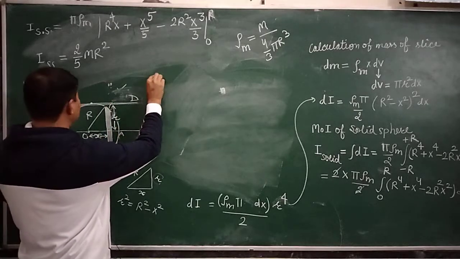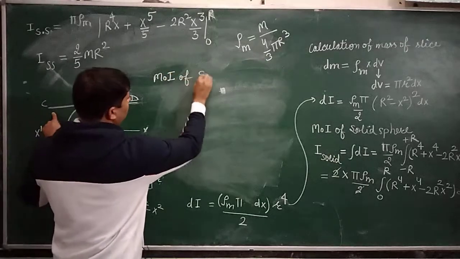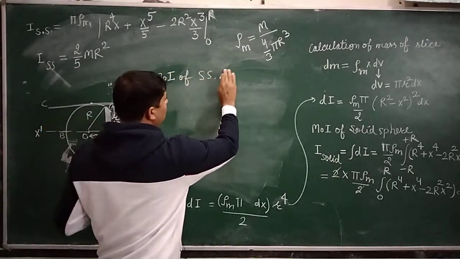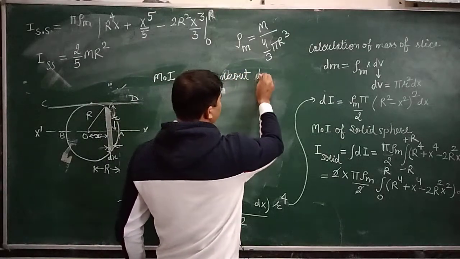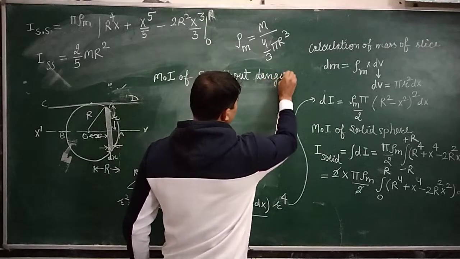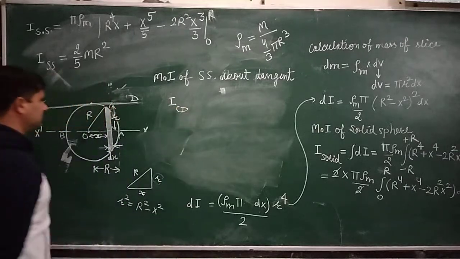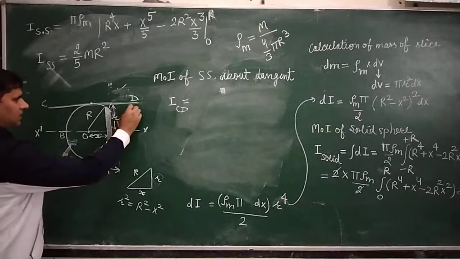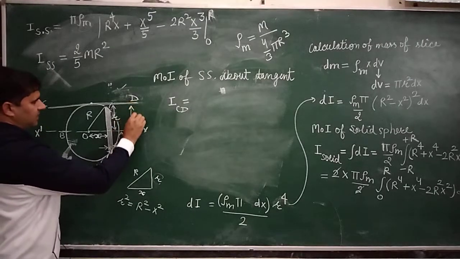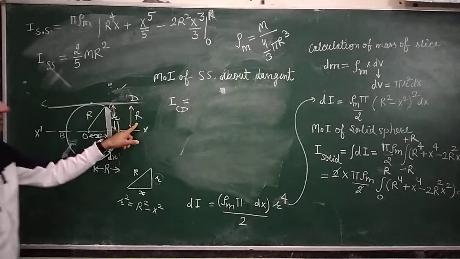So here you will make use of the moment of inertia of the solid sphere about a tangent. Here the tangent is CD, so you will make use of the parallel axis theorem here, and the perpendicular distance between the parallel axes, between the tangent and the axis passing through the center of mass, is r.